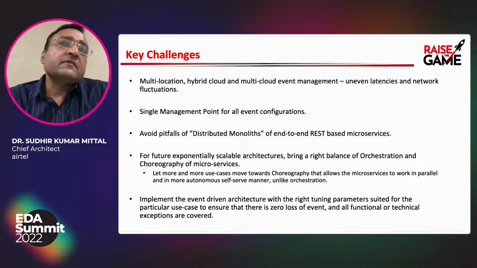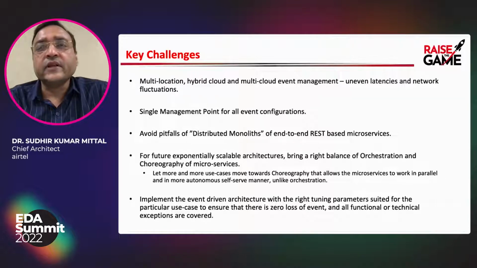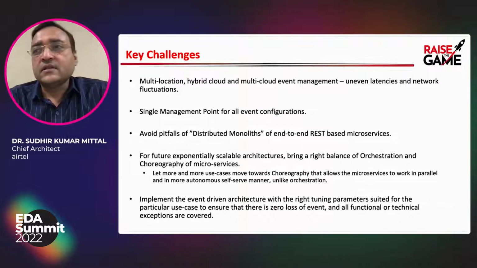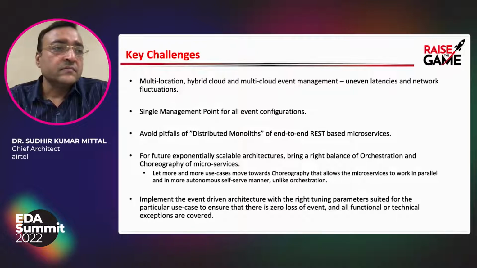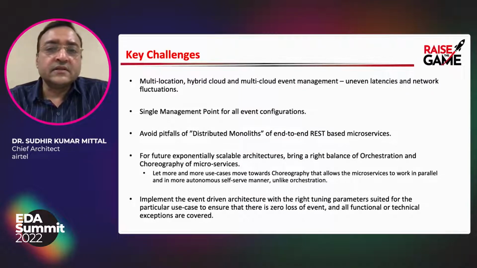I still remember some of the applications used to behave erroneously whenever there was a network fluctuation across our two locations. This was a challenge in a running operation when huge events like IPL or others were going on, and that has a huge impact.